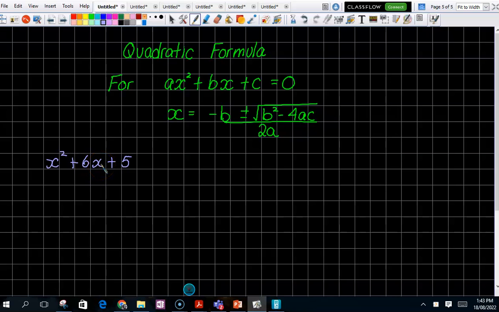So you don't have to copy this bit. So I know that this would factorize to be x plus 1, x plus 5. Let's hope that's not on the test. So therefore, x equals minus 1 and x equals minus 5. So this is the skill that we already know. Agreed? Happy with that? So it's okay.